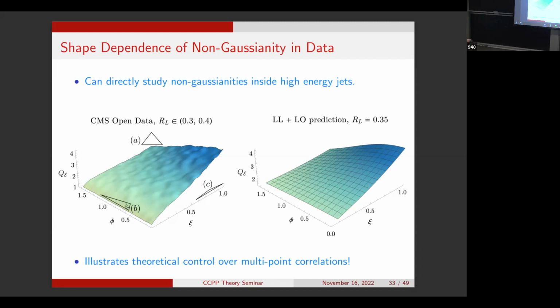For example, down here you have some compressed triangle, here it's this squeezed triangle, and up here is some equilateral triangle. You can compare this directly with the calculation. If you overlay them, they're good to within, I don't know, 5% or something. And so it really illustrates that one can actually measure these multi-point correlation functions in real-world data.